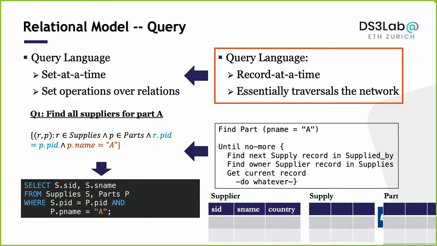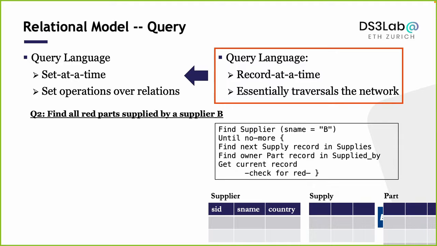Later on, we are going to learn how to write that in a human understandable way, how to write a SQL query to specify pretty much the same thing. But the point is, when you organize your data as a set of tuples, you can write queries that operate a set at a time. I don't do record at a time. My query is this logical formula, manipulating my mathematical sets. And you can write the second query in similar ways.